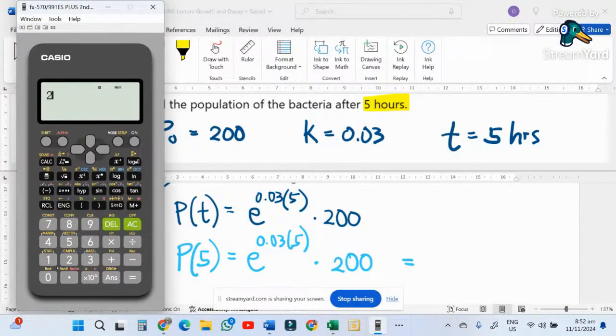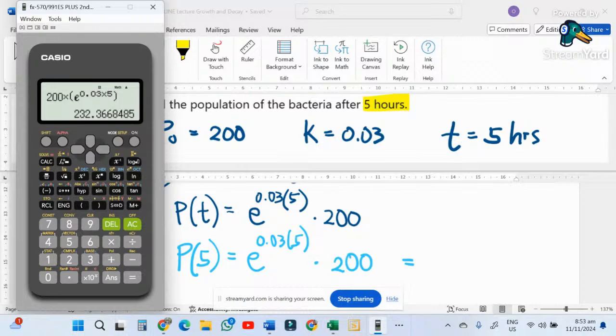Let's put in 200 meantime. Can you see that? 200 times, in a bracket, I will put in my e, and e is shift ln, to the power of 0.03 times 5, and then close bracket. That's all you need to do, nothing more. But you need to set up all these values and then press the equal sign.